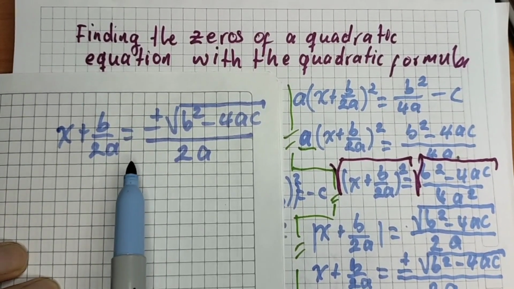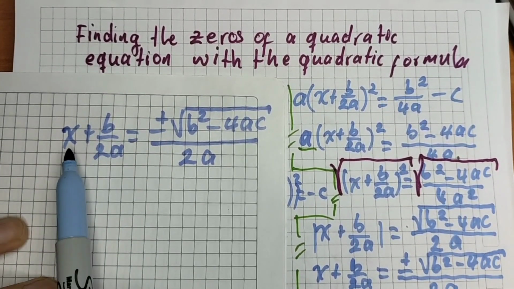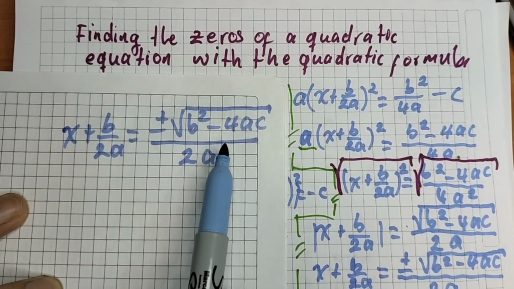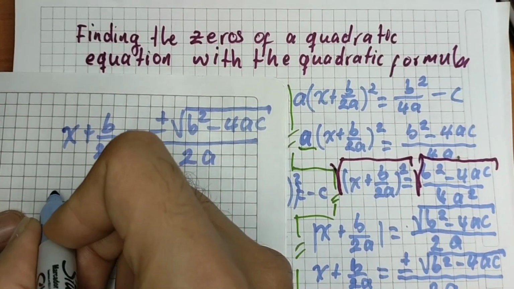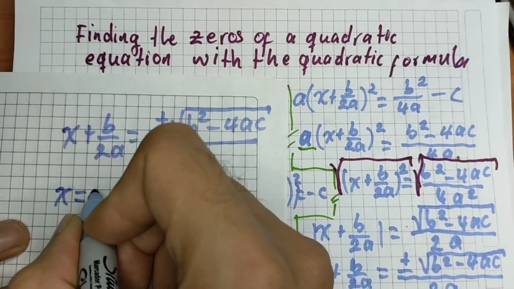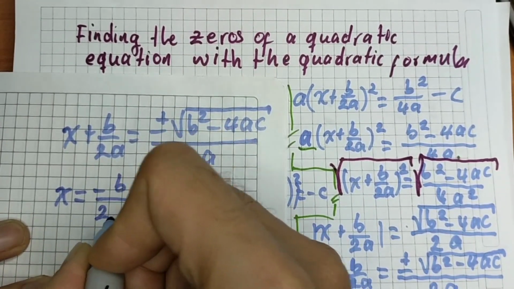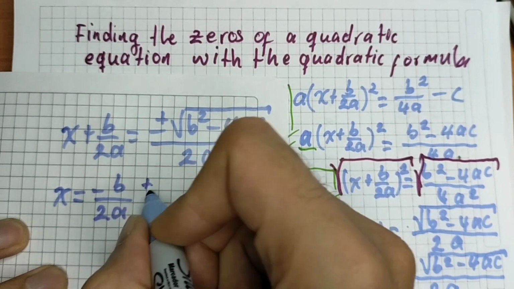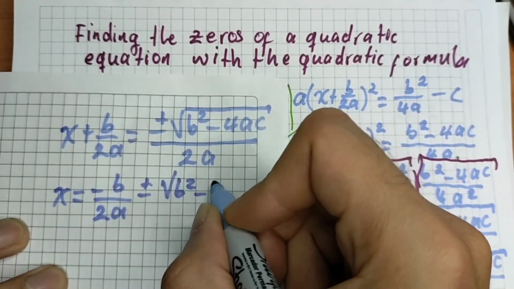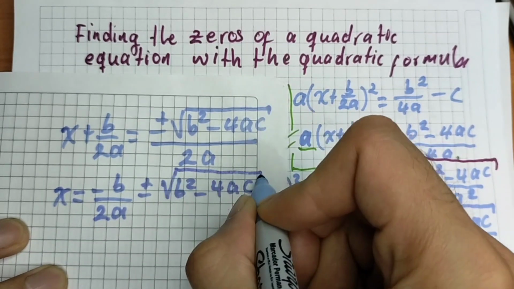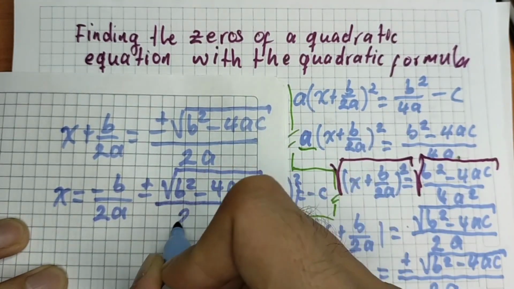This is what we got in the last step, and in order to clear this x we can move this one here to this position. So we will have that x is equal to negative b over 2a, plus or minus the square root of b squared minus 4ac over 2a.